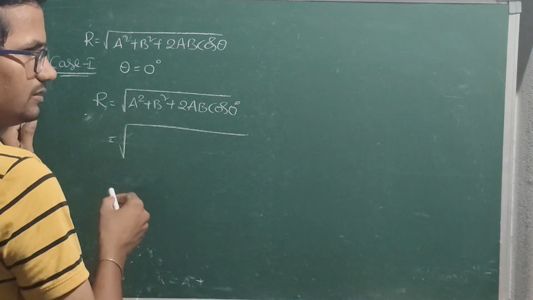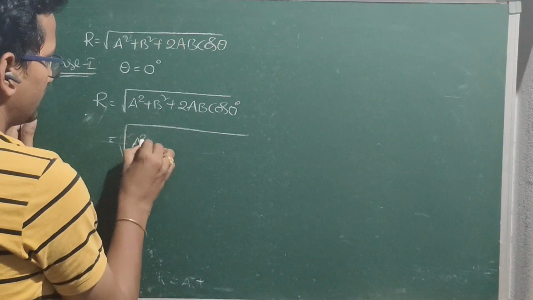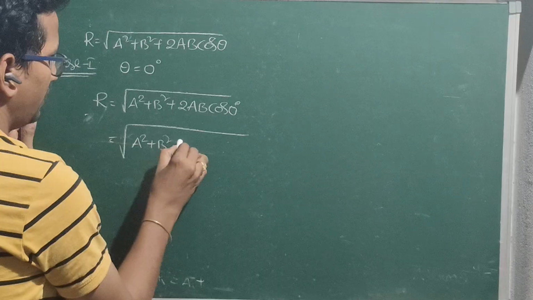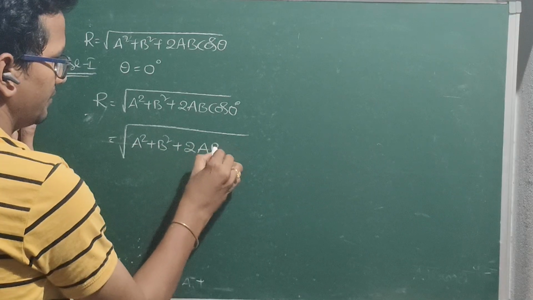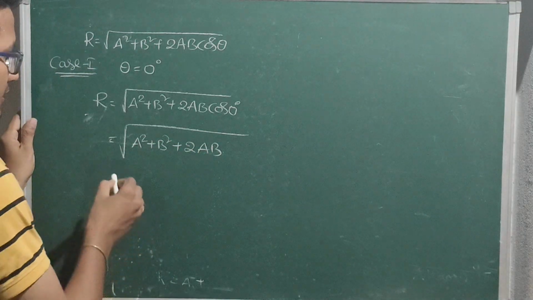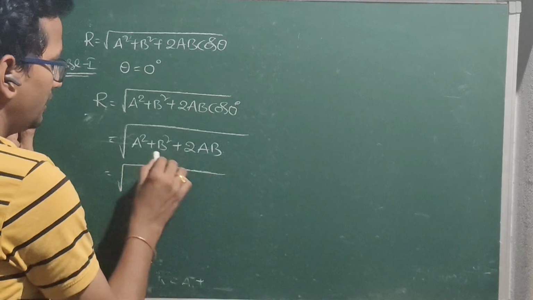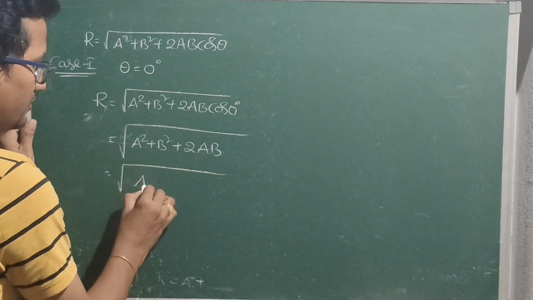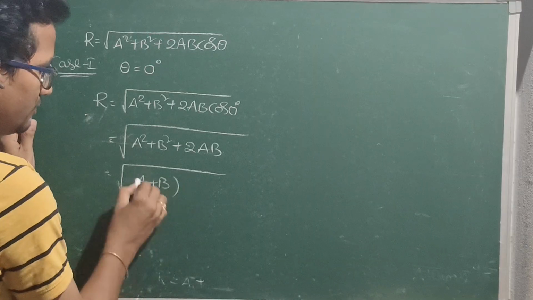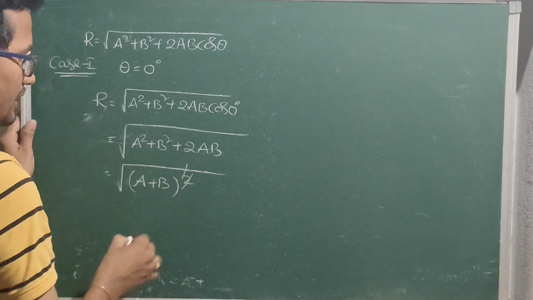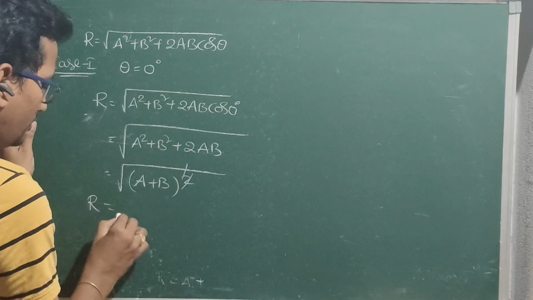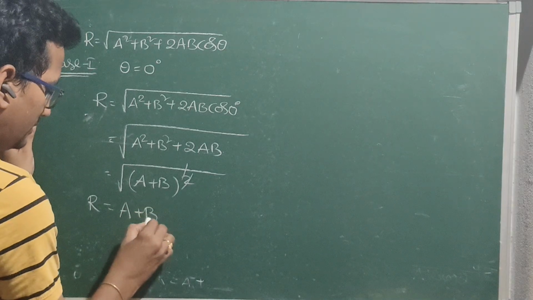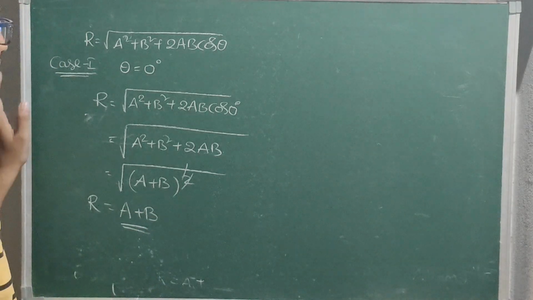So that's a square plus b square plus 2ab. That's why we can write a plus b whole square. The square root gets cancelled. R is equal to a plus b.